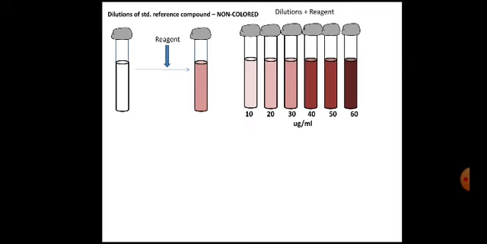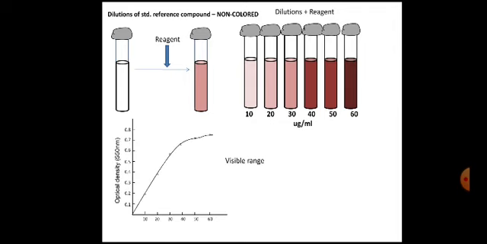And the next protocol is the same as the earlier protocol. We have to measure optical density at a particular, specific wavelength. How to choose this specific wavelength, we have already learned.